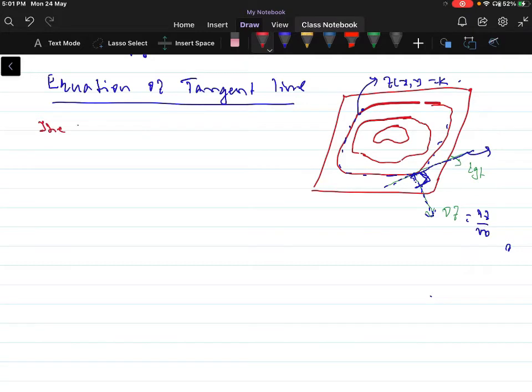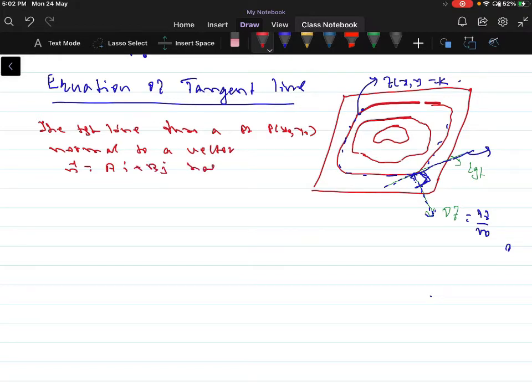The tangent line through a point P(x0, y0), normal to a vector n cap equal to a into i cap plus b into j cap, has the equation a into (x minus x0) plus b into (y minus y0) equal to 0.